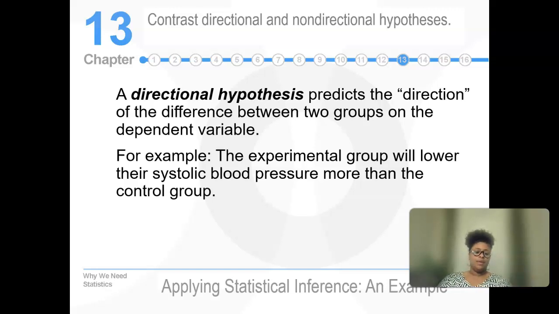So let's give a better example. I might say that freshmen will have a higher score when taking an 8 a.m. class versus freshmen who take a 6 p.m. class.